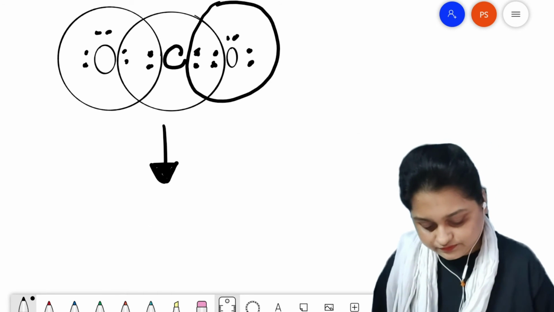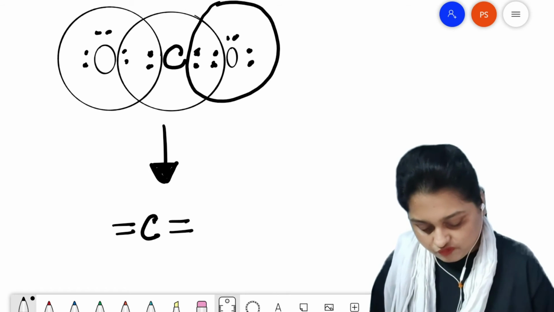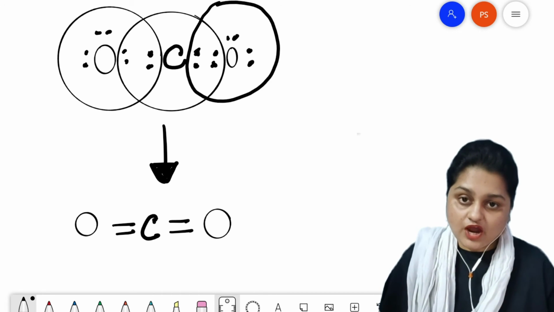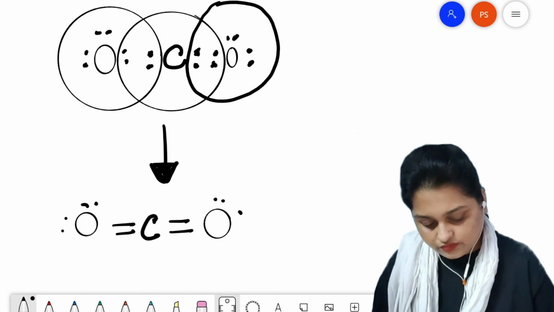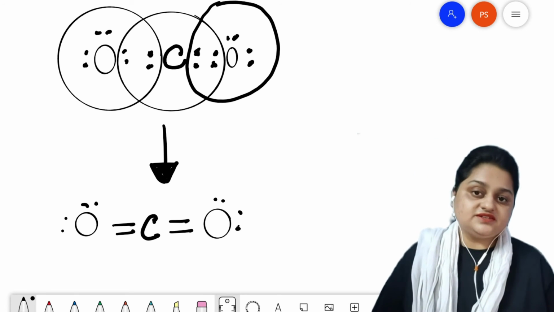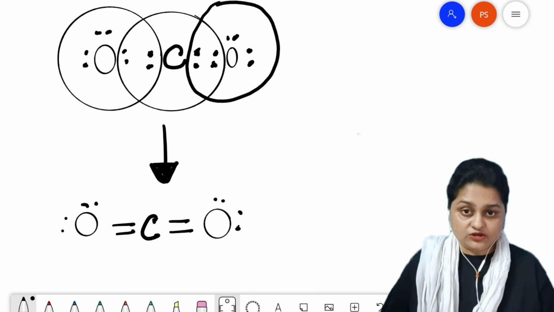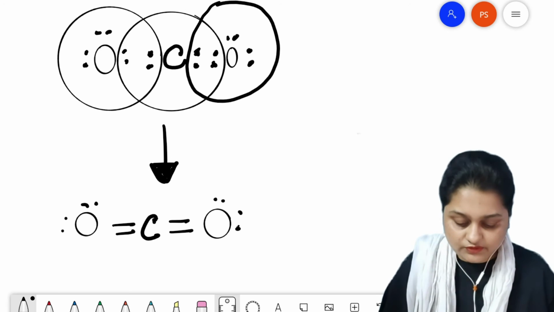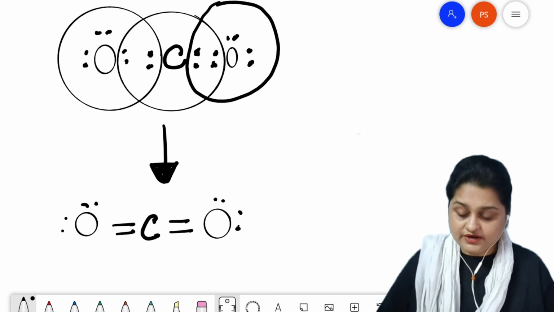Therefore, carbon forms two double bonds, and each oxygen has two lone pairs of electrons on it. This is the structure of carbon dioxide, which comprises two double bonds on the central atom carbon. So, double bonds are formed when atoms share two electrons instead of one electron.